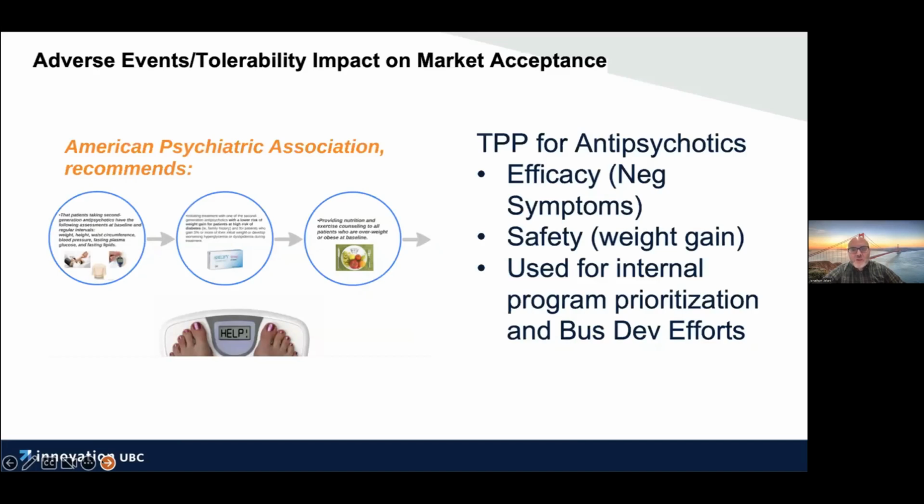A big issue with the drugs that were on the market at the time, the atypical antipsychotics, was significant weight gain. And hopefully nobody from Lilly's on this call, but back when I was there was a big sort of denial that olanzapine actually caused weight gain, but it does.